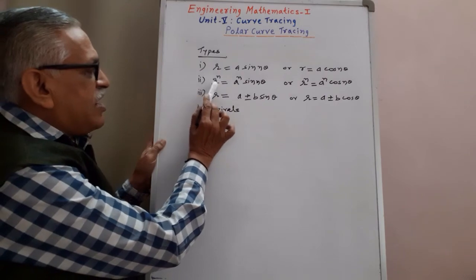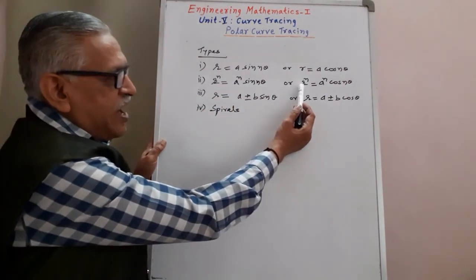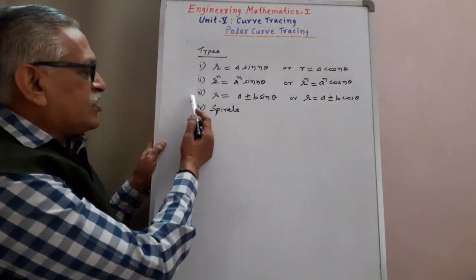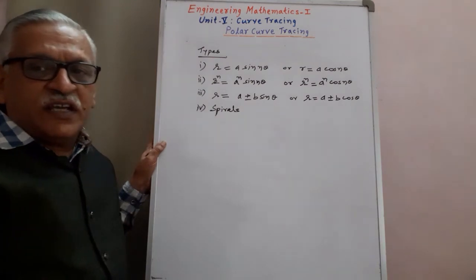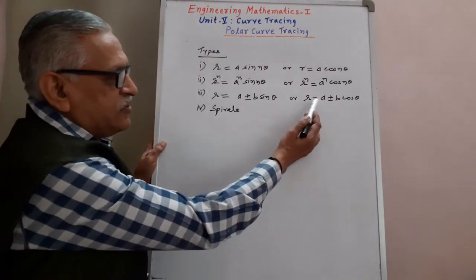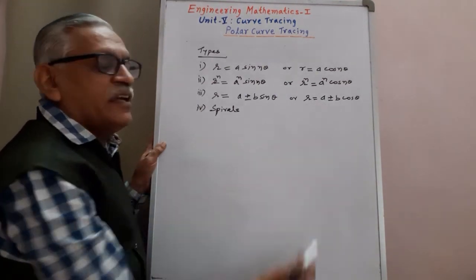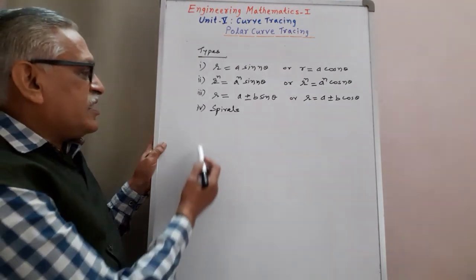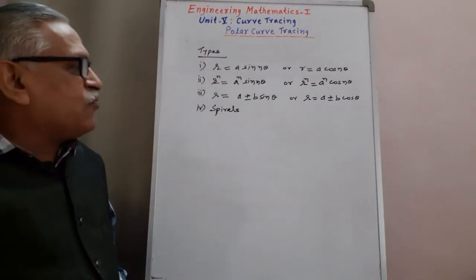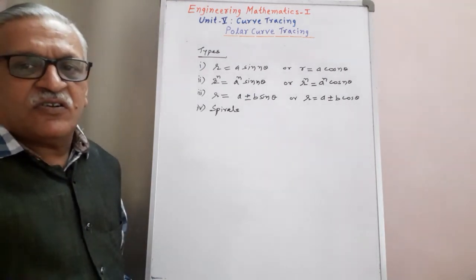Second type, rⁿ = aⁿ sin nθ, or rⁿ = aⁿ cos nθ. Third, r = a ± b sin θ, or r = a + b cos θ, or r = a - b cos θ. And the last, spirals. Therefore, these are the important types of polar curves which I will discuss in all my videos.